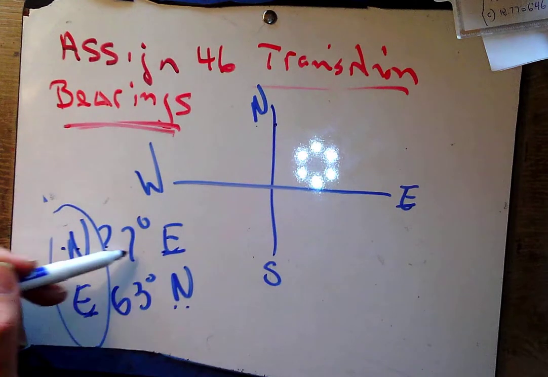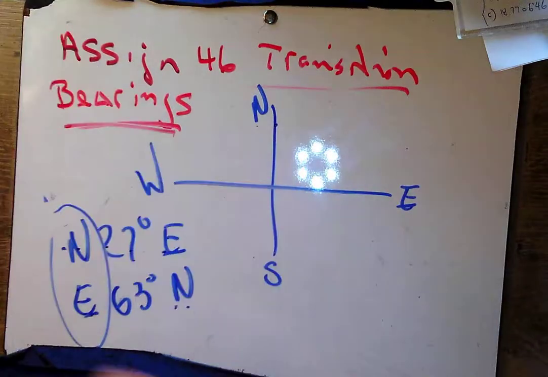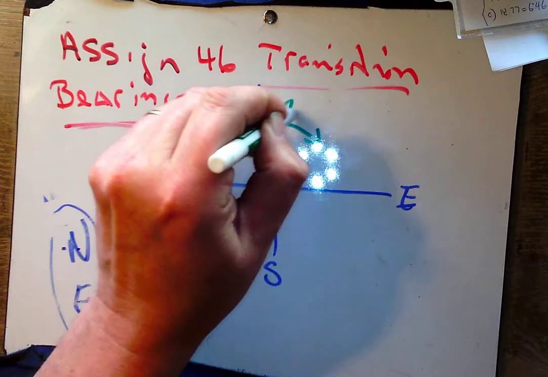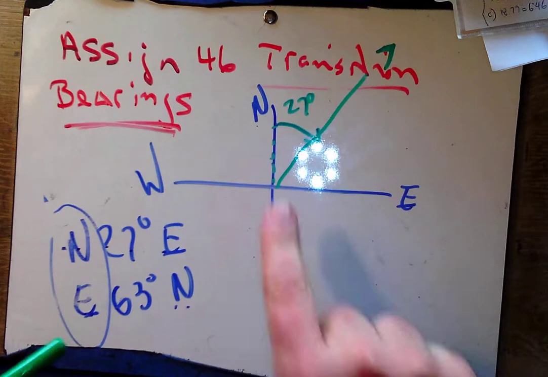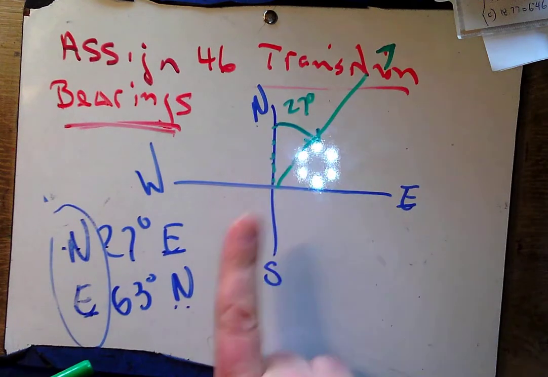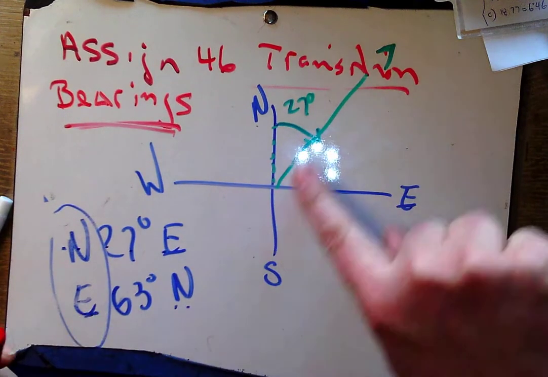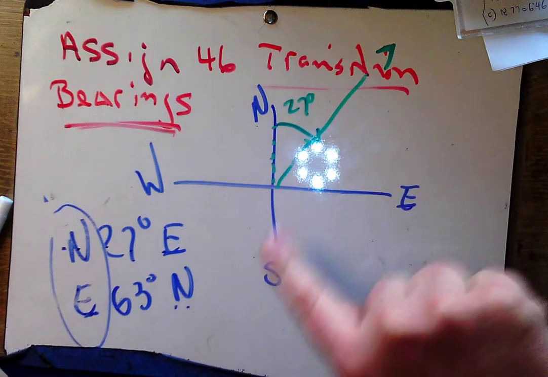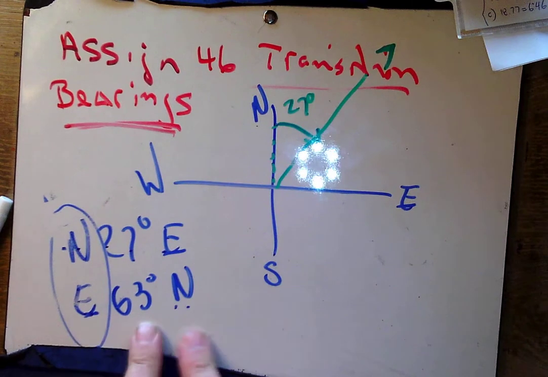North 27 degrees east. What that means is you start by heading north, and then you go 27 degrees to the east. That there is north 27 to the east. Or we could describe that same angle, maybe vector is a better word, certainly bearing, as east 63 north.